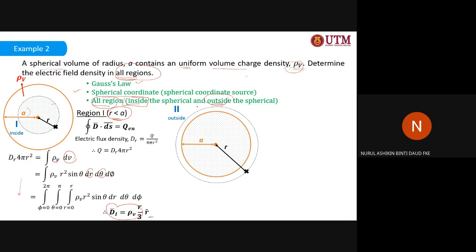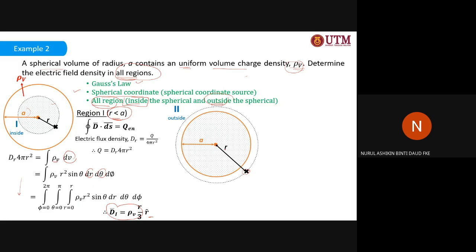Then what I have to decide now is to make the Gaussian profile. But before I make the Gaussian profile, I should mark where the electric field density is located. So I put it here. This is my electric flux density, and I will draw my Gaussian profile shape here. I make it a circle as well.